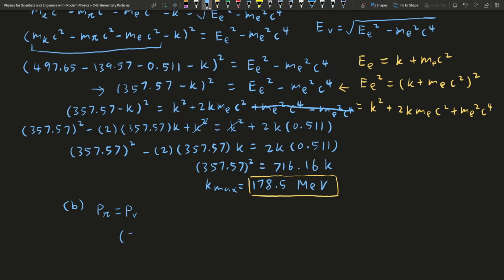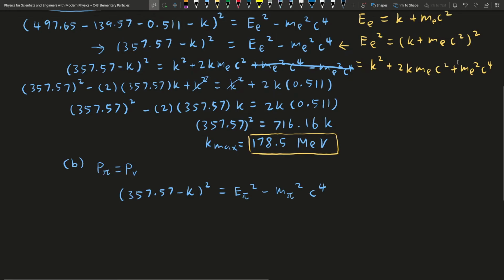So that means 357.57 minus K, squared, equals E_pion² minus m_pion²c⁴. Again, the logic here is the same, so we will get this formula after all.